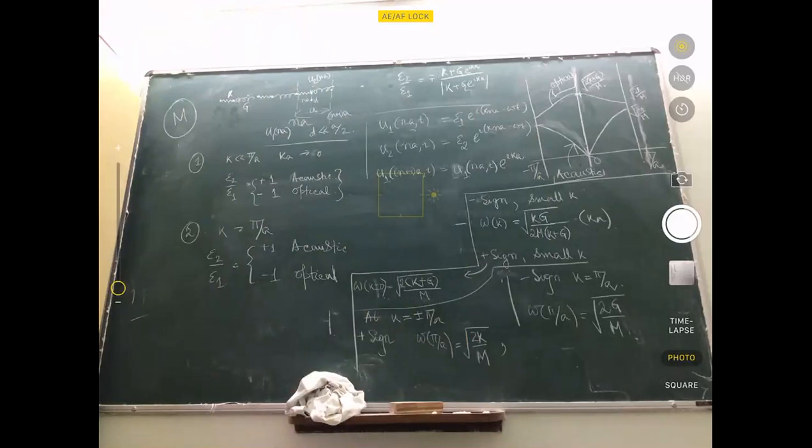Now, if ka happens to be 0, they are in the same phase. That is, all the primitive cells are in the same phase. If, on the other hand, ka happens to be pi, then you pick up a minus sign. So this tells you, at least at the zone boundaries and at k equal to 0, how the vibrations in the lattice look.